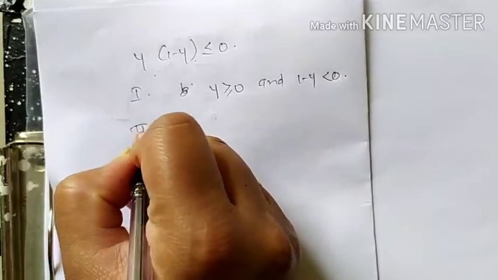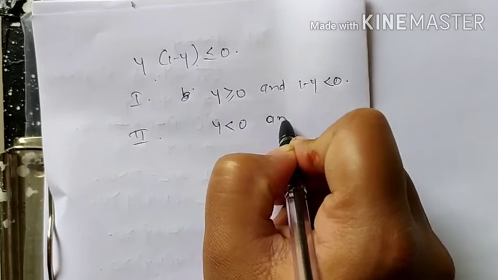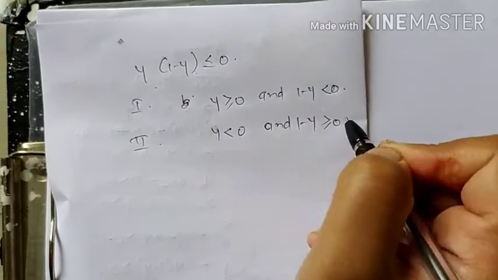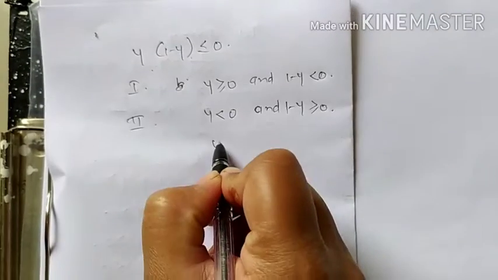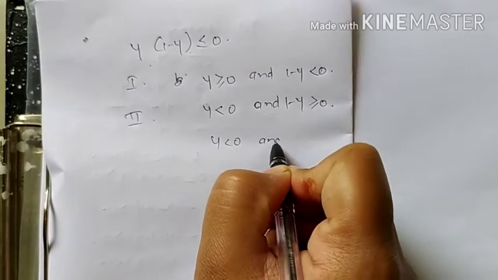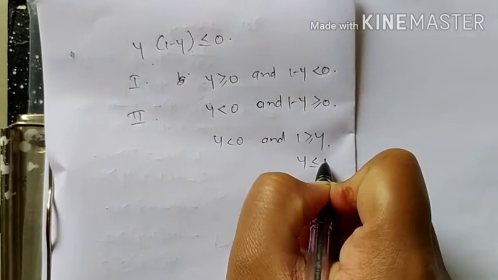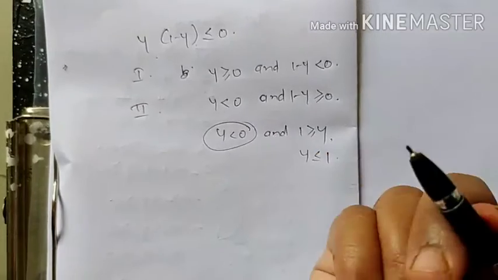Or second case, either y less than 0 and 1 minus y greater or equal to 0. If we take y less than 0 and 1 greater or equal to y, means y less or equal to 1. Now here it will be strictly less than 0 only.